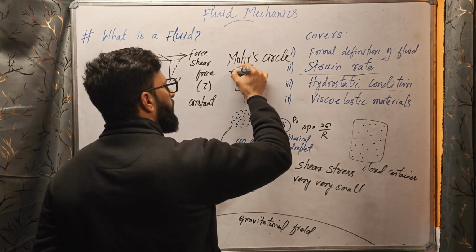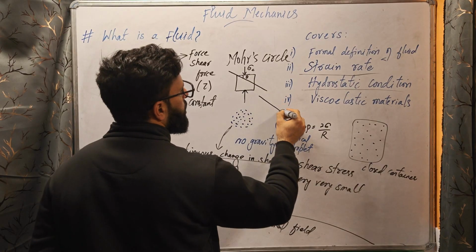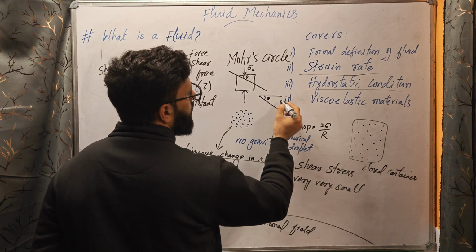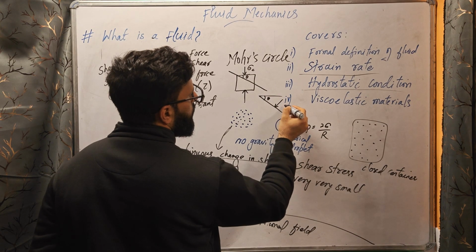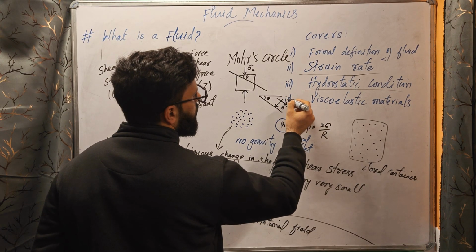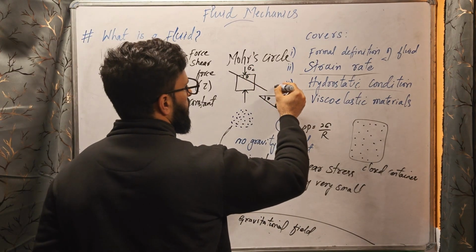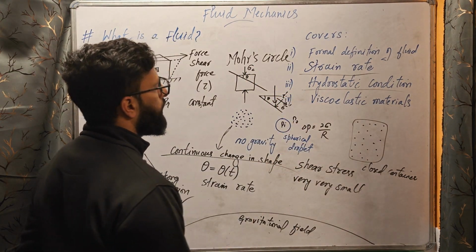But if we cut a section like this, say at an angle theta, at this section which is at an angle theta, there will be normal stress, say sigma dash, and there will be tangential stress tau dash, because this force at that section we can resolve in normal and this.